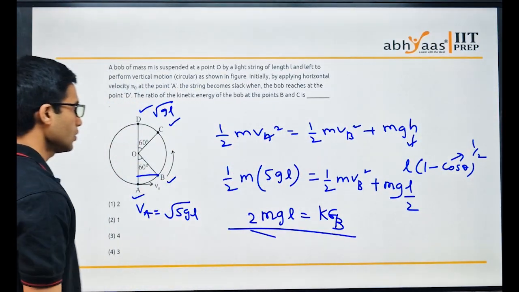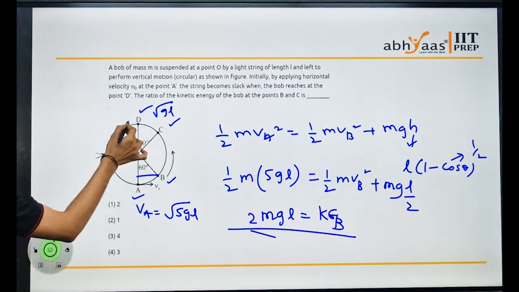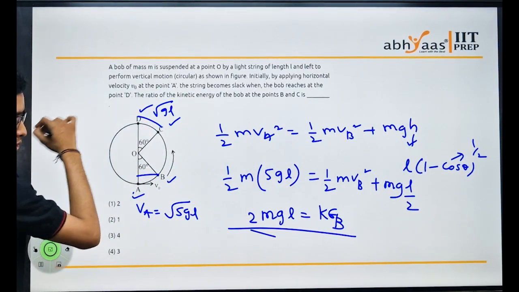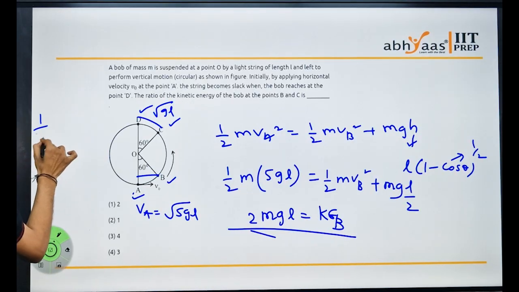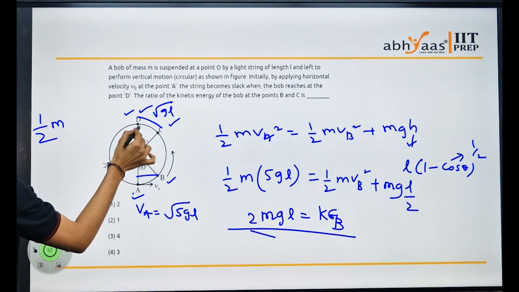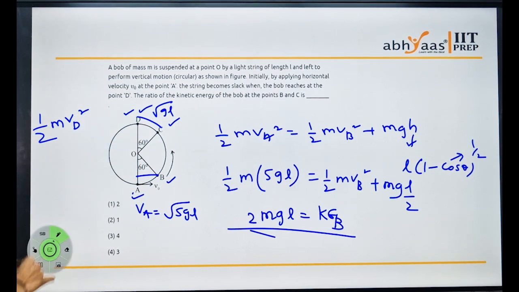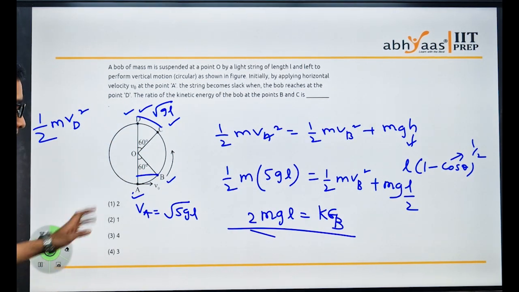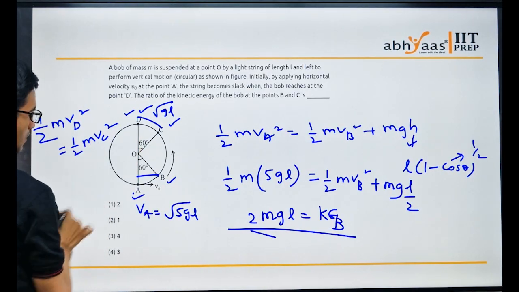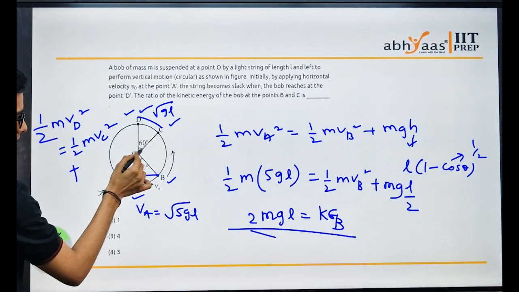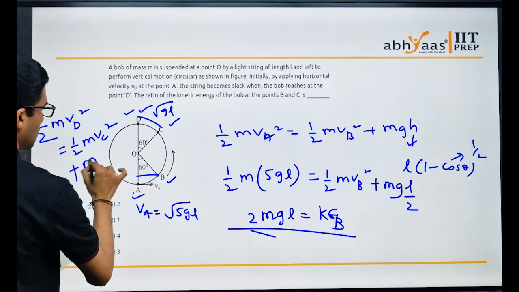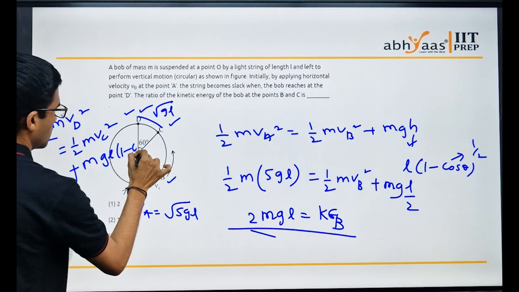Similarly, I'll do the KEC. How will we do it? From this D also we can do D to C energy conversion, or from A to C also we can do. If you see, already I have got this formula from this one, half m Vd square. Okay, so same, half m Vc square plus, again same thing, mgl into 1 minus cos theta if you apply.